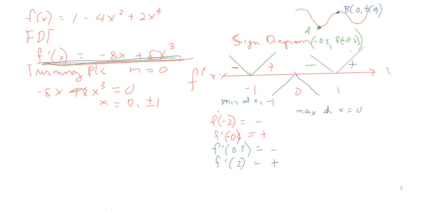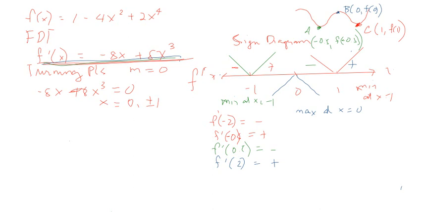So at this point we have a minimum at x equals 1. So here, let's say this is point C. So we shall have here 1 and its equivalent y. Okay, that is for the first derivative test.